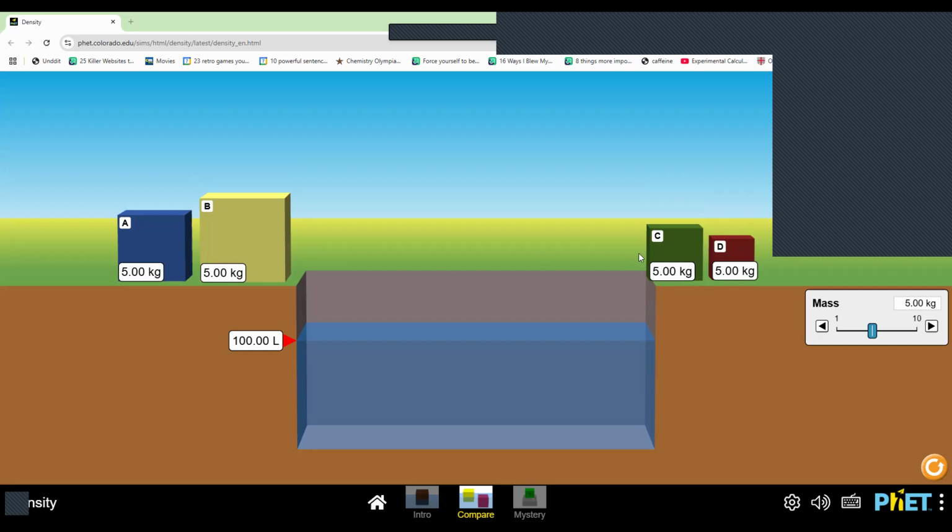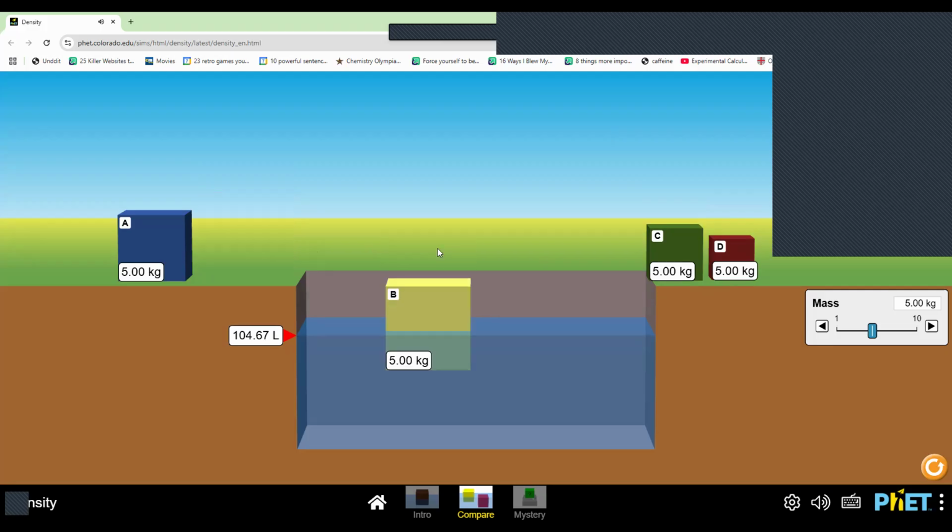And we can measure their relative densities by dragging and dropping them into the water. Okay, cool. That one floats. We've got 5 kilograms, 105 liters. So the densities for object A is going to be approximately 1 kilogram per liter.